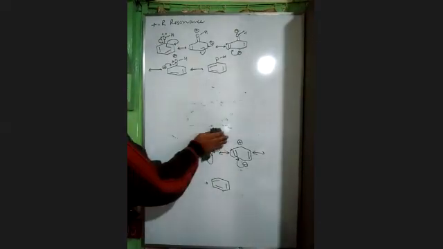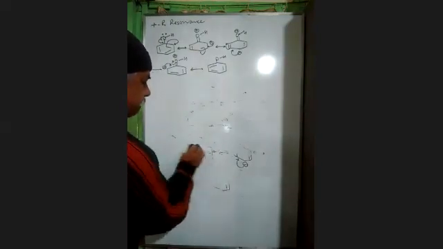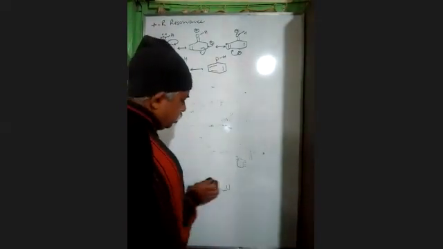Now we'll go for the electron withdrawing group, which will pull electrons out of the benzene ring, and that will be the minus R effect.